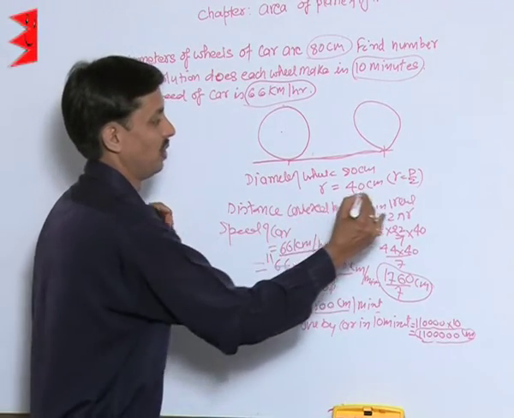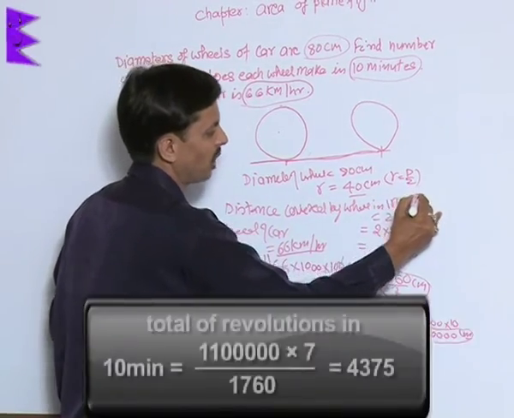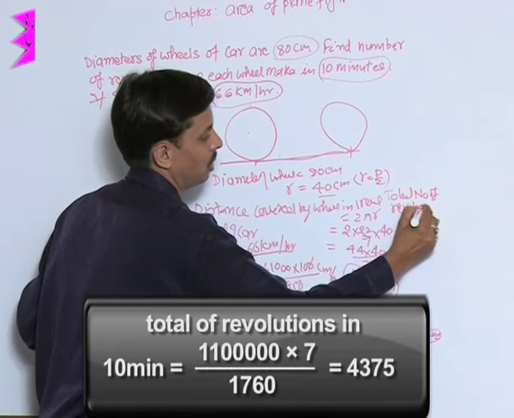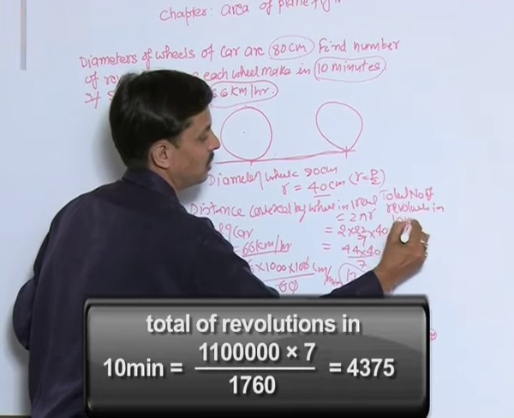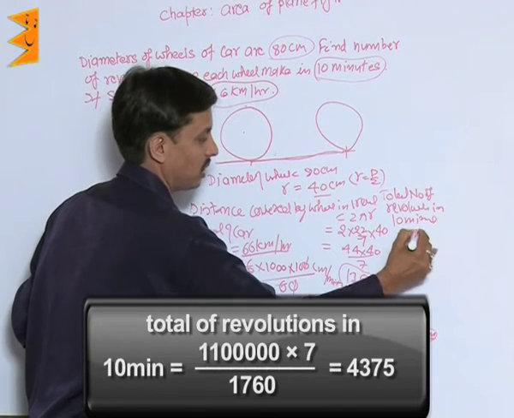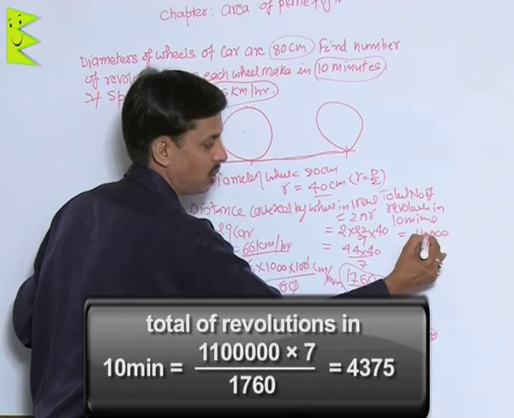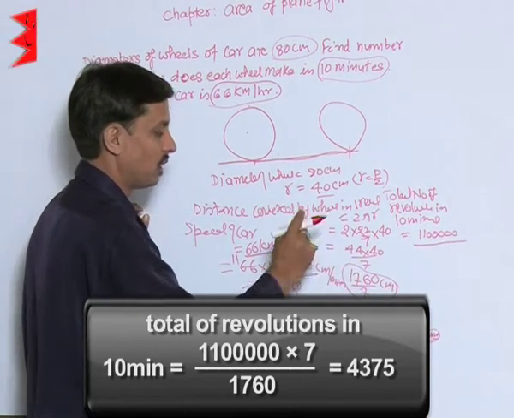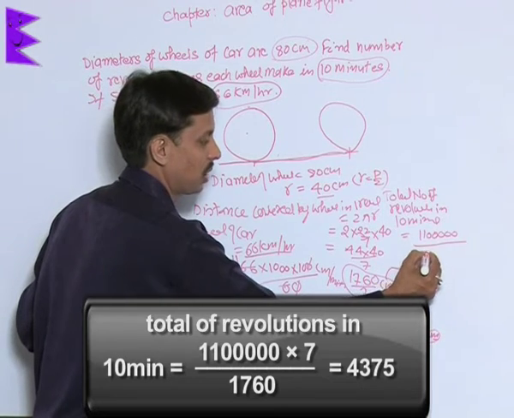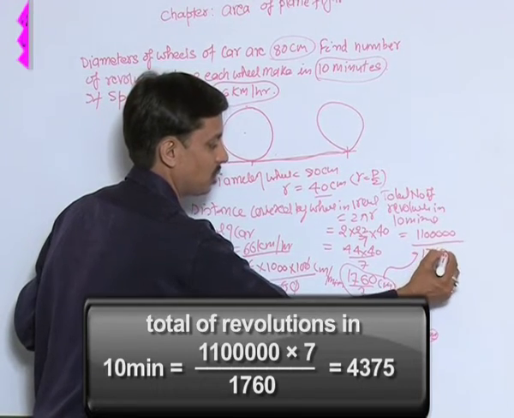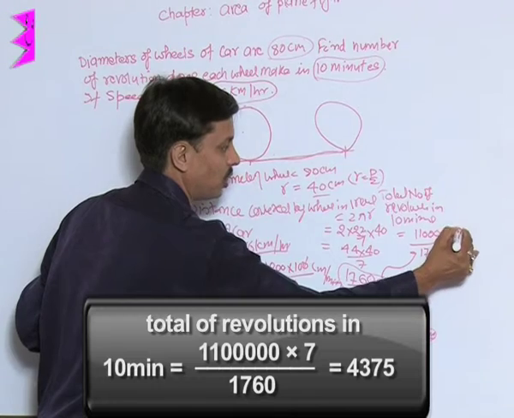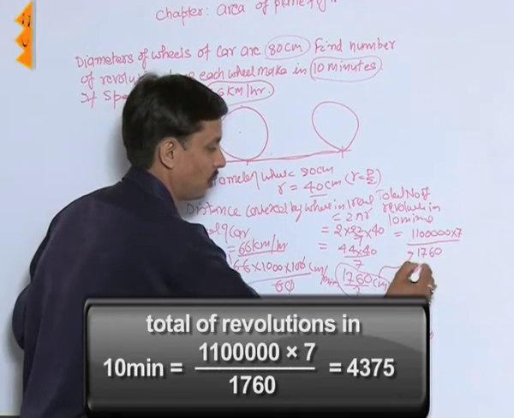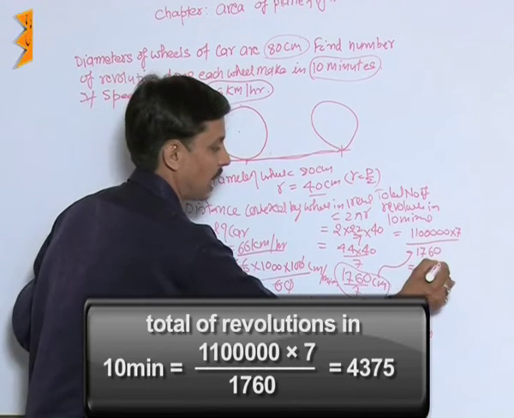So the total number of revolutions in 10 minutes is equal to 11 followed by 5 zeros centimeter divided by 1760 upon 7. The 7 will reach the numerator, and after simplification, this comes to 4375.